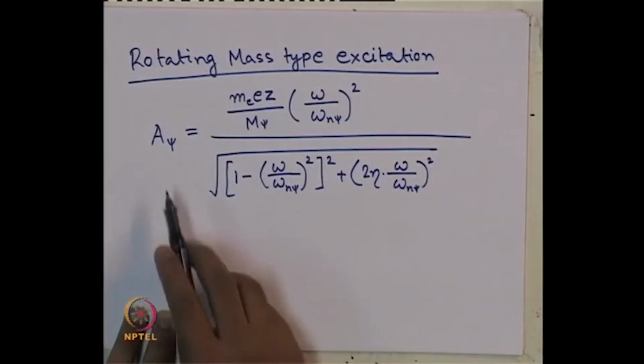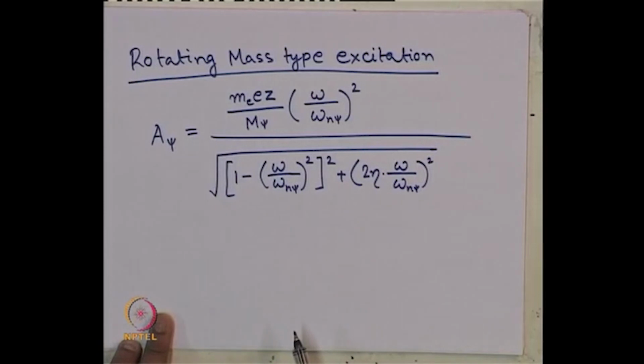This is the expression to get the displacement amplitude, rotational displacement amplitude, for rocking mode in case of rotating mass type excitation.